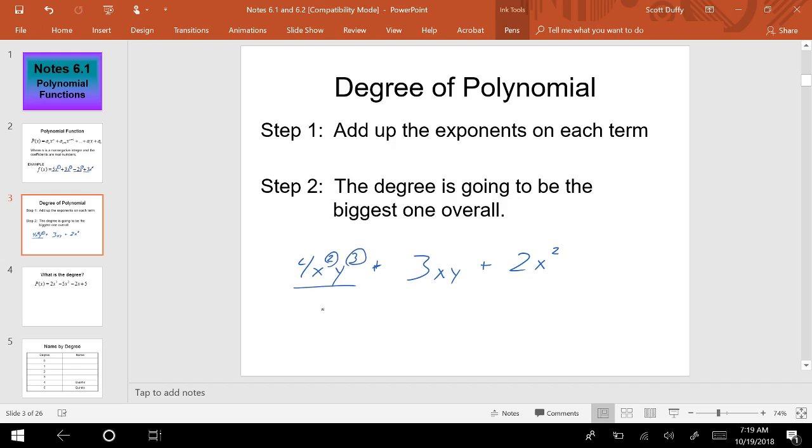If you add those, you get 5. The exponents on the second term would be 1 and 1. Add those, you get 2. And the exponent on the last term would just be x squared, so it would be 2 also. So the overall degree would be the largest of these numbers, which is 5.